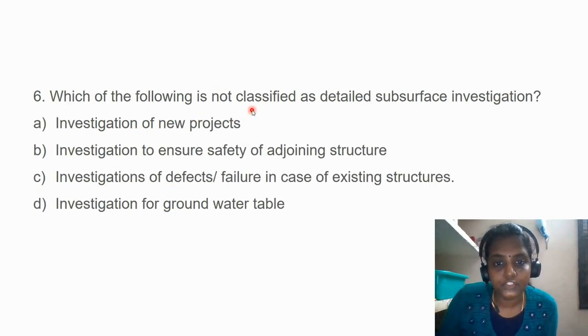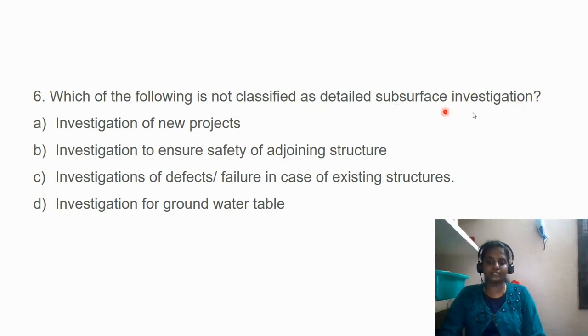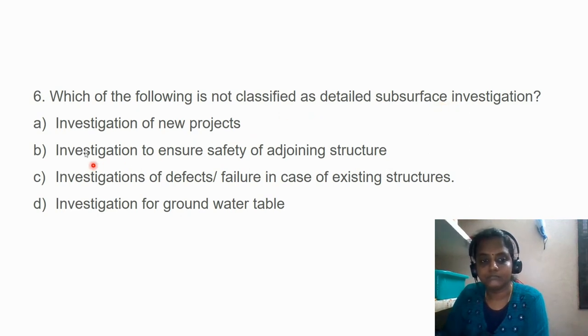Which of the following is not classified as a detailed subsurface investigation? Investigation of new projects, investigation to ensure safety of adjoining structures, investigation of defects or failures in case of existing structures, and investigation of groundwater table. Out of these, one is a preliminary investigation.